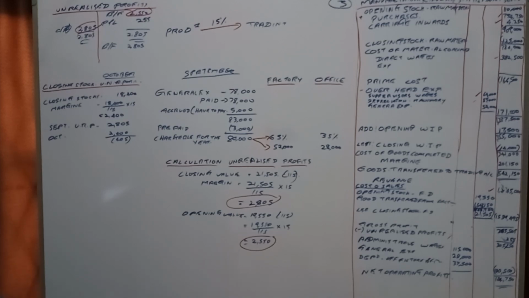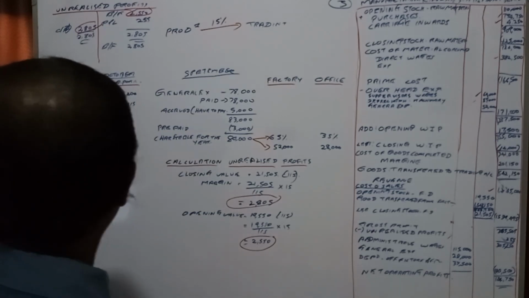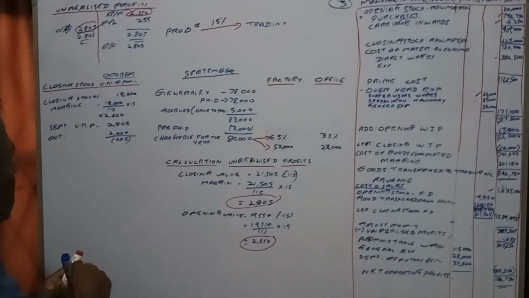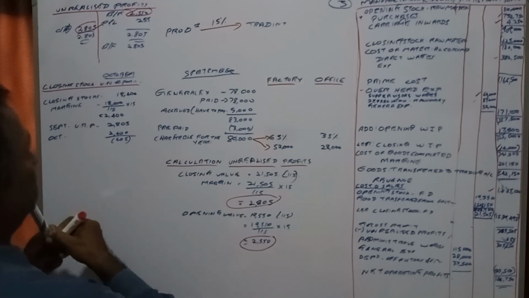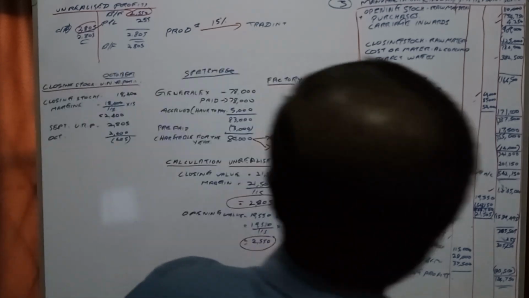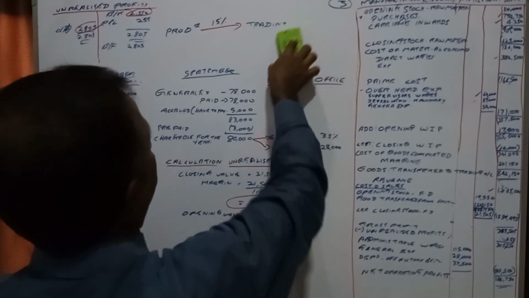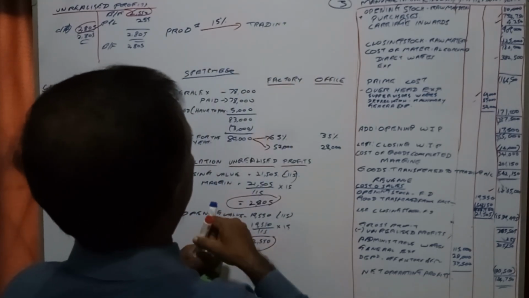Analyze the effect on the budgeted profit for the month of October 2015 due to the changes in the provision for unrealized profit. What is the effect? Opening value would be how much?